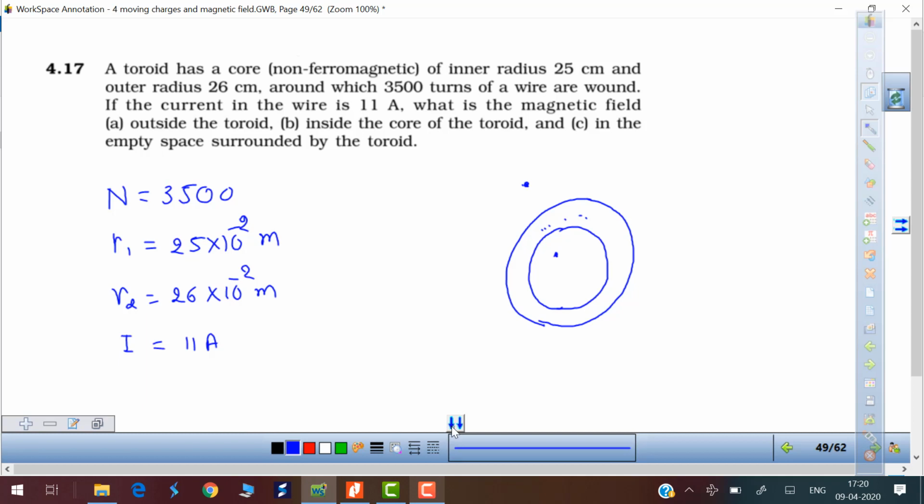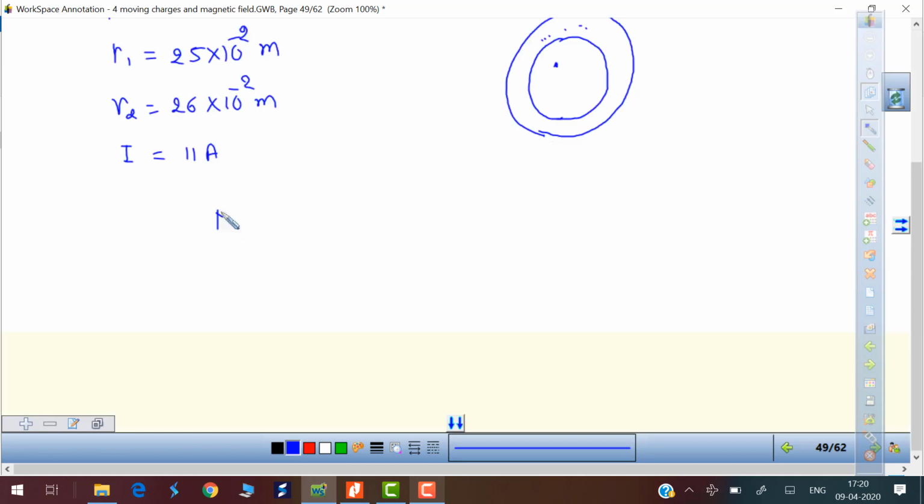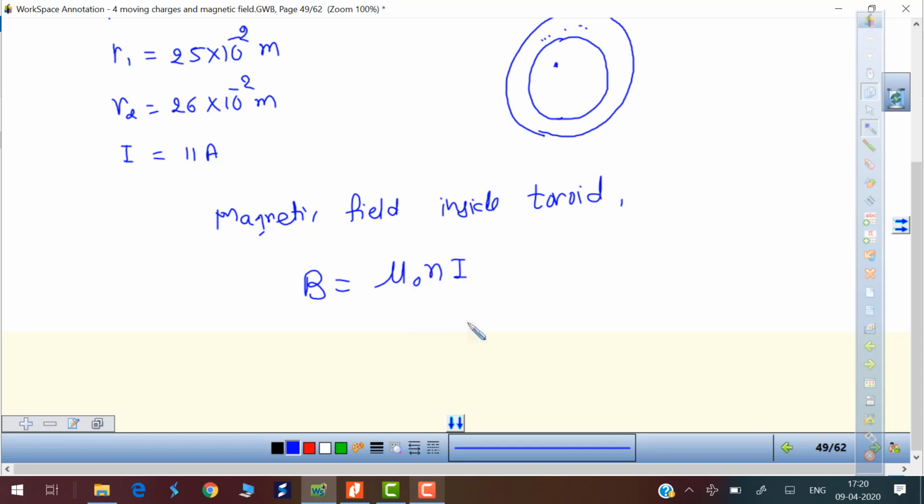So the magnetic field inside the toroid: B equal to mu 0 n I. So mu 0 times total number of turns upon I divided by circumference 2 pi r.